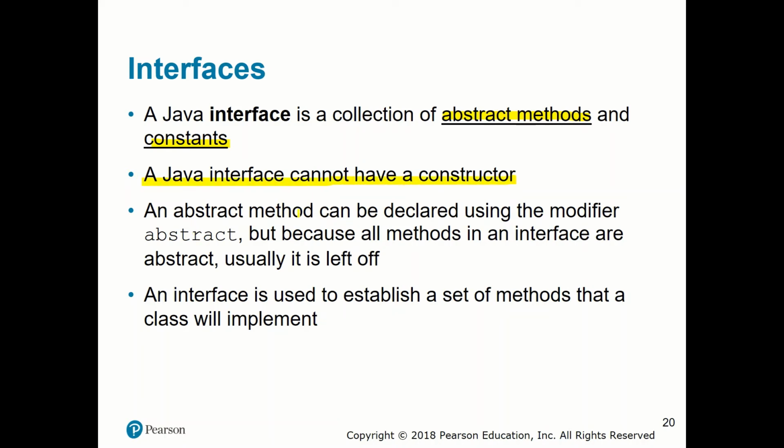An abstract method can be declared using the modifier abstract, but because all methods in an interface are abstract, usually it is left off. An interface is used to establish a set of methods that a class will implement. I will explain this in more detail.